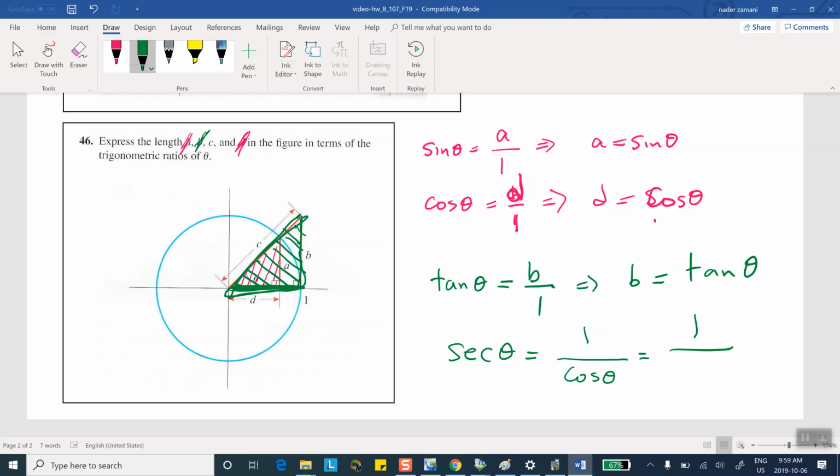The cosine of theta is adjacent over hypotenuse. Adjacent is 1, the radius of the circle, right there. 1 divided by the hypotenuse. Hypotenuse is C, and that means C is equal to secant of theta. And you're done.